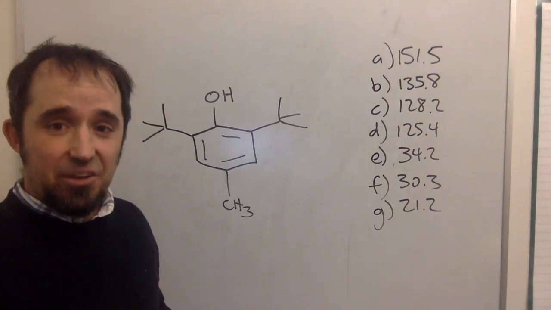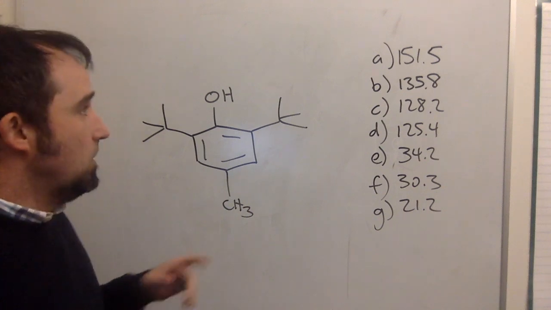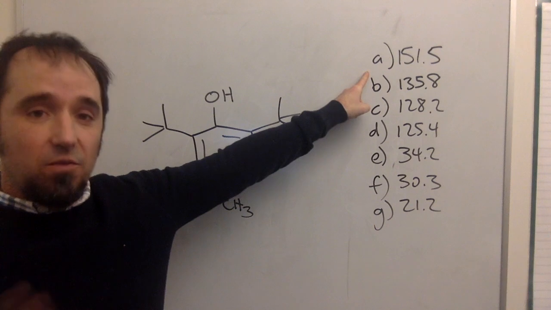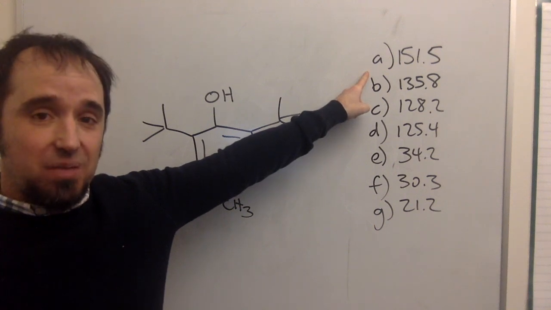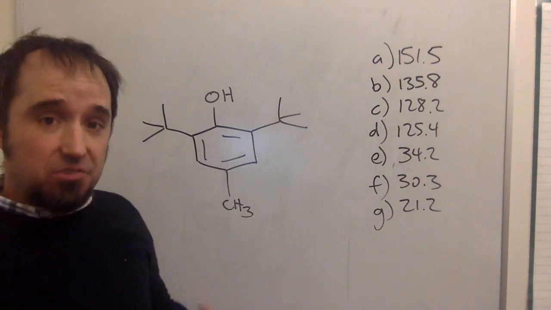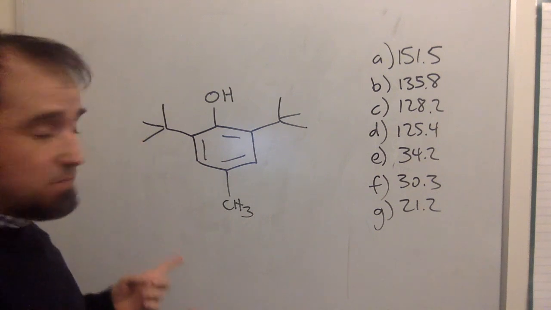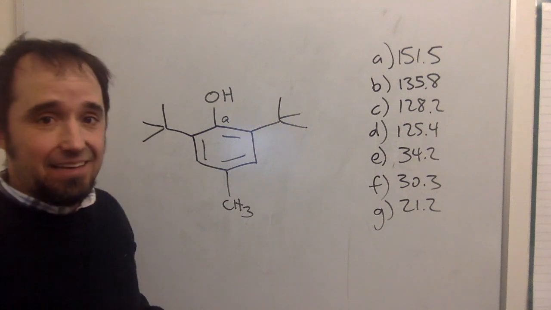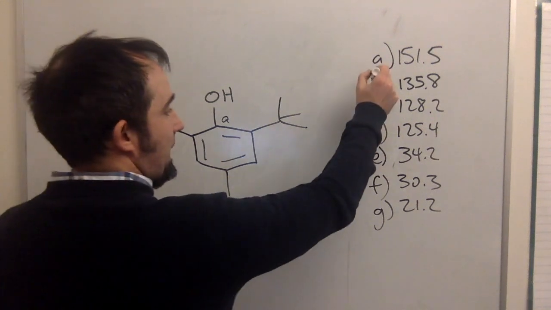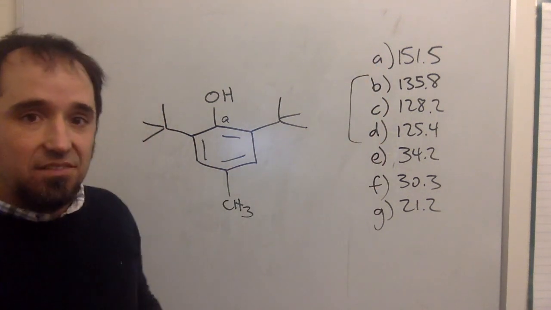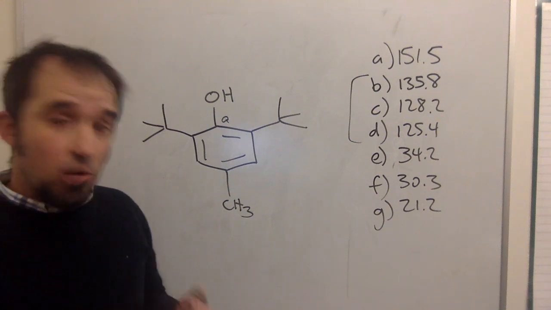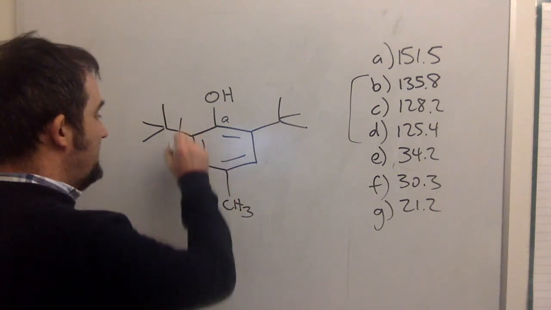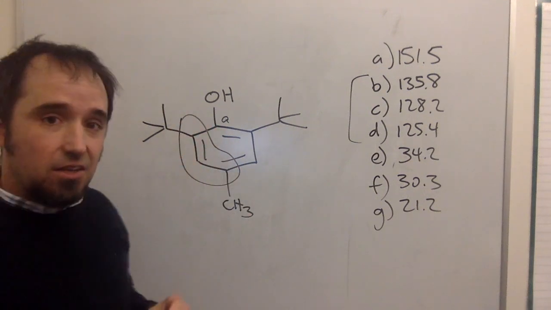But now let's assign their chemical shifts, right? So here we said that this is in that 150 to 200 box. So this should be sp2 bound to oxygen. There's only one sp2 carbon bound to oxygen. It's this one, so that's A there. Then we can see we've got 3 different carbons in that sp2 carbon box, so just double bonded carbon, and those are going to be these 3 here.